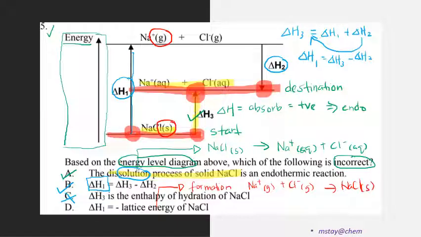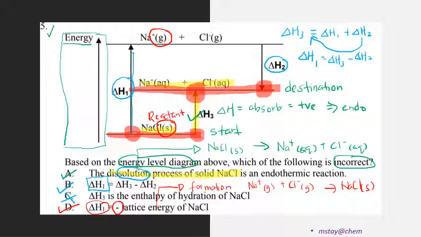But because this one is the other way round for the delta H1, the NaCl is the reactant. So that means we reverse the equation. Once we reverse the equation, we have to put the negative sign in front to show that the equation is reversed. So option D is also correct.